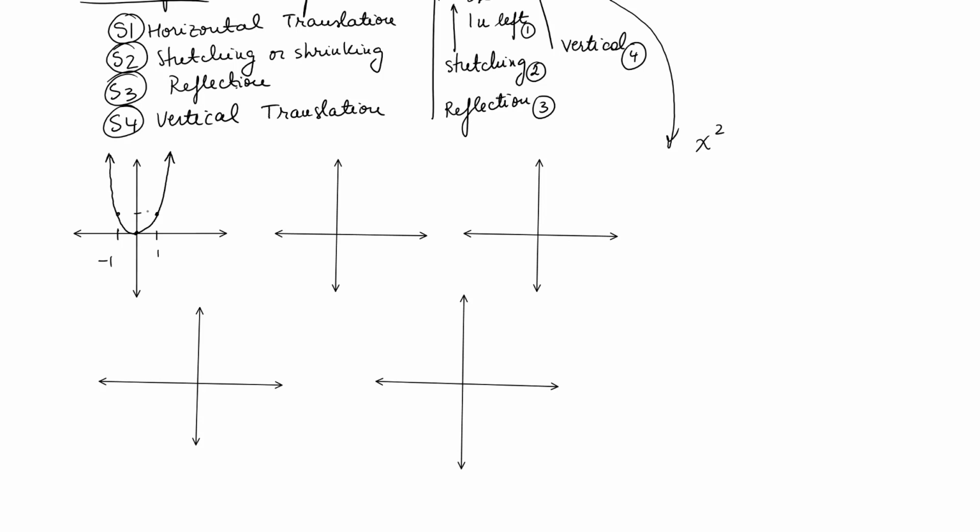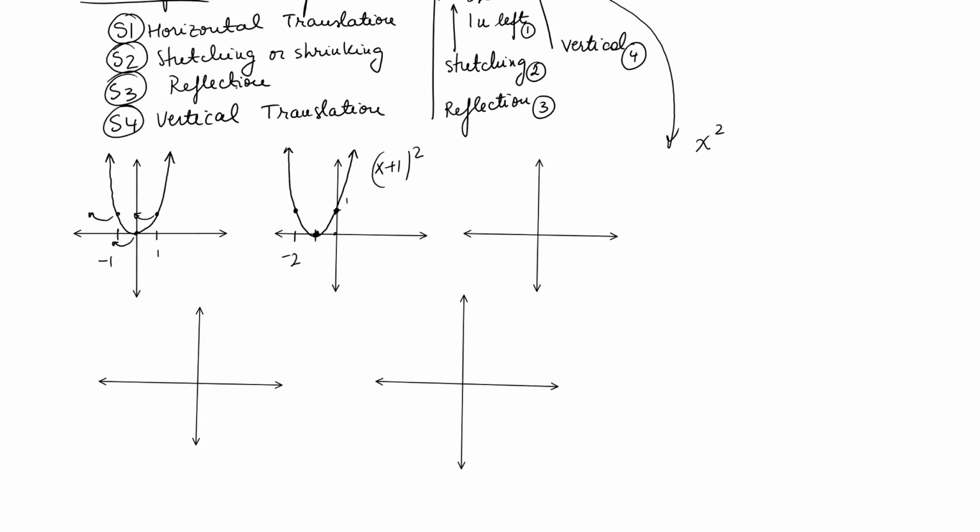So this graph that we have here, we're going to shift it 1 unit to the left. So basically the new origin, or vertex, is going to be here. At -2, 1 is going to be the next point. And at 0, 1 is going to be the next one. So this is actually x plus 1 squared.